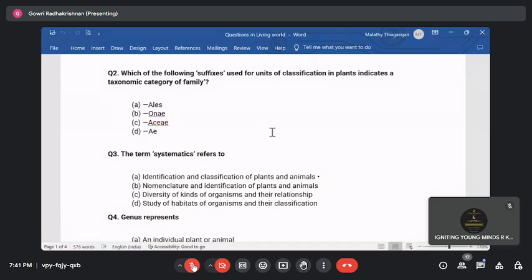Option C, ma'am. C, AC indicates a taxonomic category for family. The third one. Suffix means on the back side, the rear side of the name. Am I correct, madam?